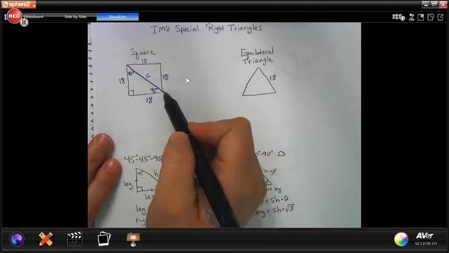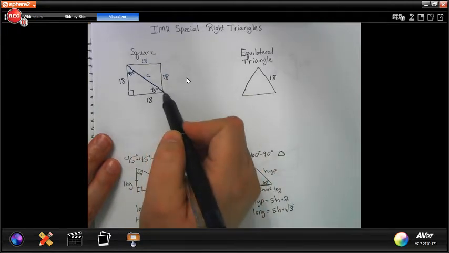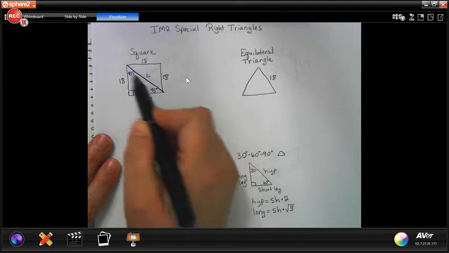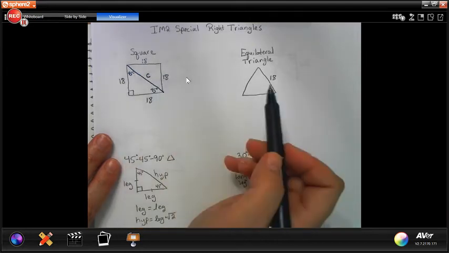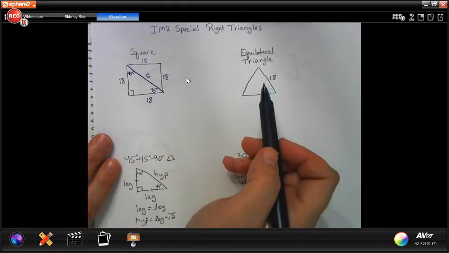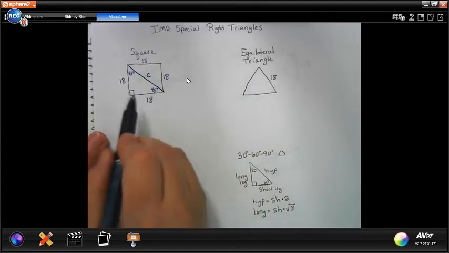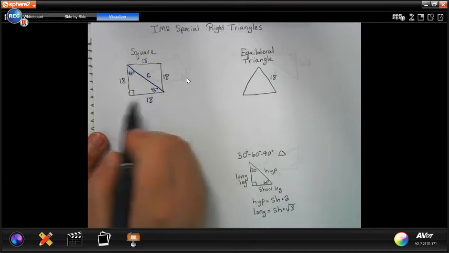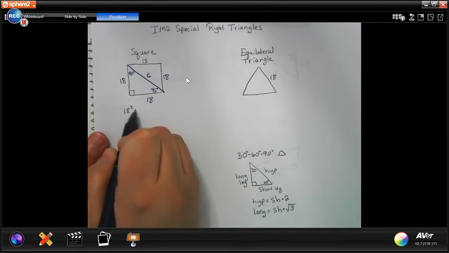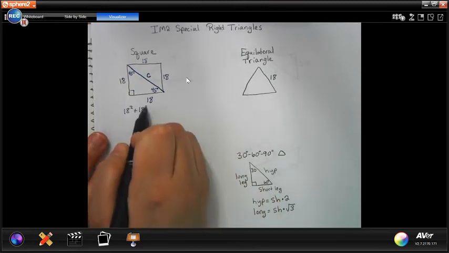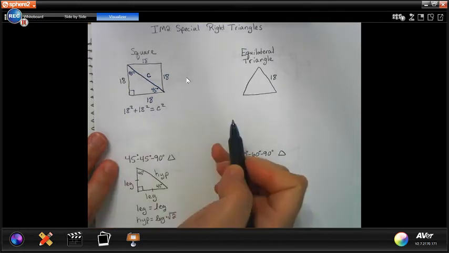And I called it C because it's a hypotenuse on this right triangle, and the hypotenuse is C in the Pythagorean theorem. If you watched the Pythagorean theorem video already, you've learned that. Okay, so when I set up the Pythagorean theorem, these two are A and B. So I have 18 squared plus 18 squared equals C squared.